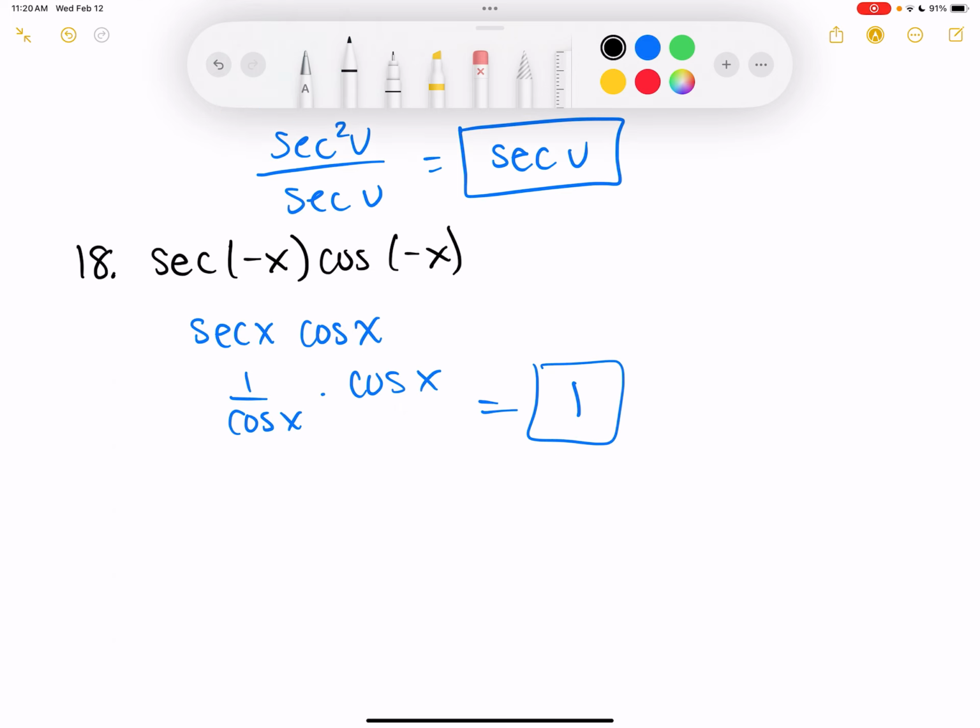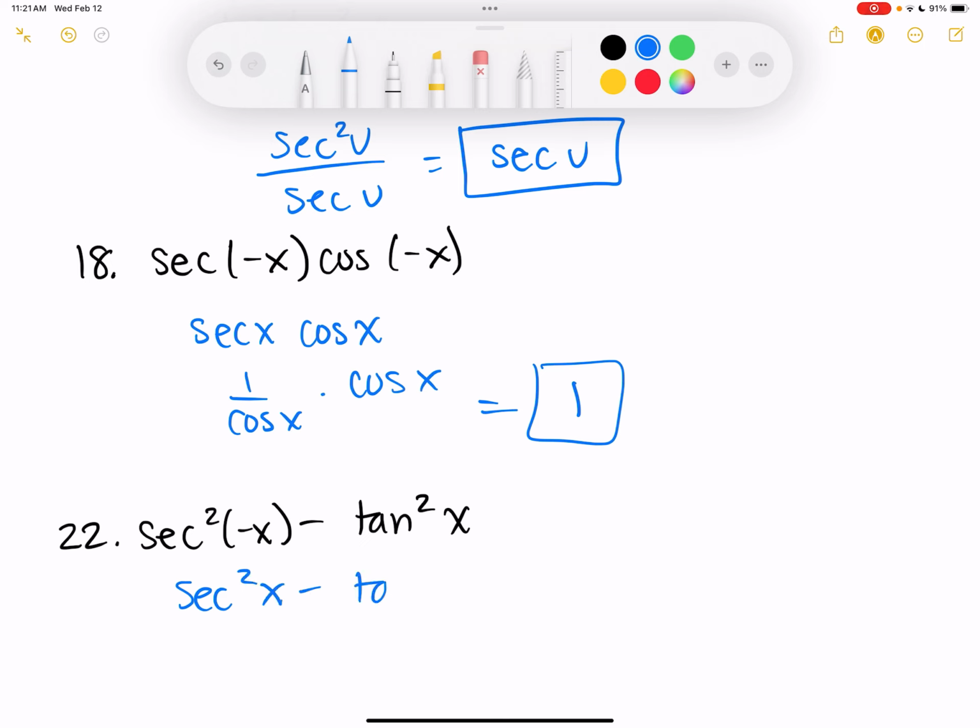Okay. 22. Secant squared of negative x minus tangent squared of x. So the secant squared of negative x, the negative, for secant, obviously goes away. So I've got secant squared of x minus tangent squared of x.